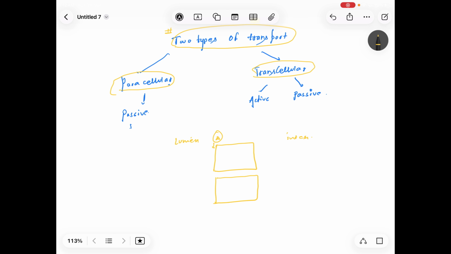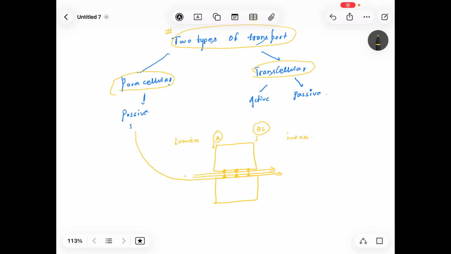This is the basolateral membrane. And this is the lateral membrane. We already discussed, attached by a tight junction. The 2 lateral membranes attached by a tight junction are actually not tight. They are actually leaky. So the majority of the transport occurs through this pathway. This is called the paracellular pathway.